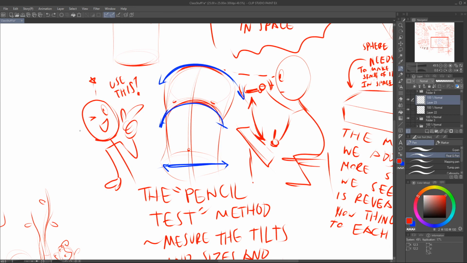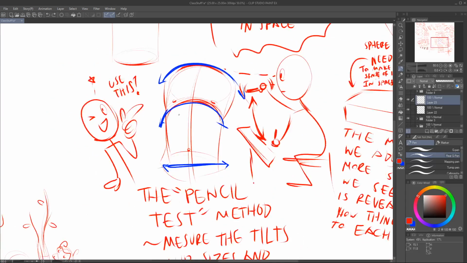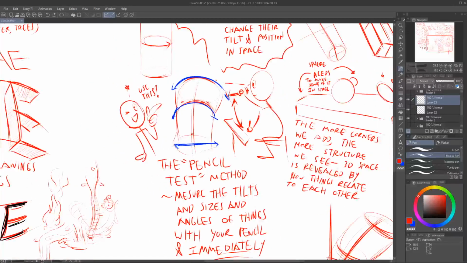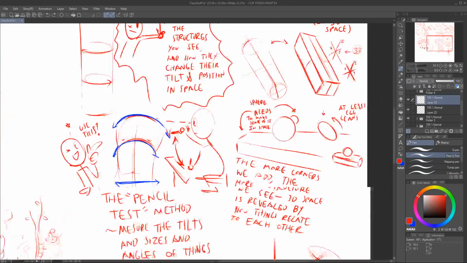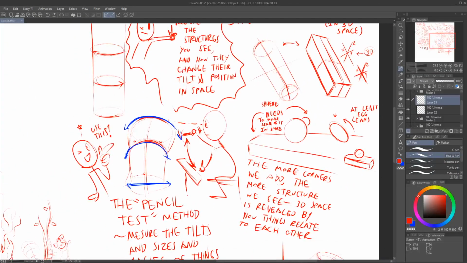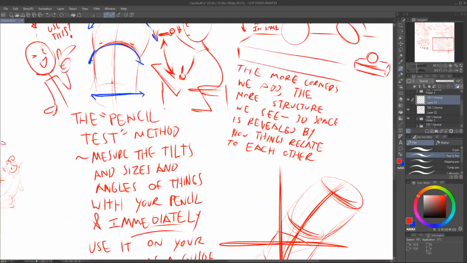But we'll get more into proportion later. This technique, for getting started, should mainly be used for finding angles and curves and stuff, to figure out how stuff is tilting to and away from you in 3D space.